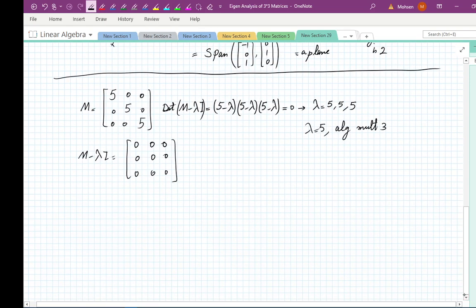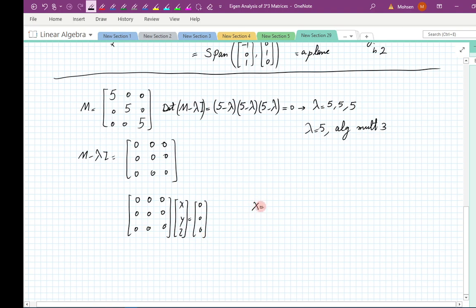Now what's the null space of that? Meaning, what x, y, z can I multiply with this and expect 0? Well, you say anything you put for x, y, z will do it. So what does that mean?